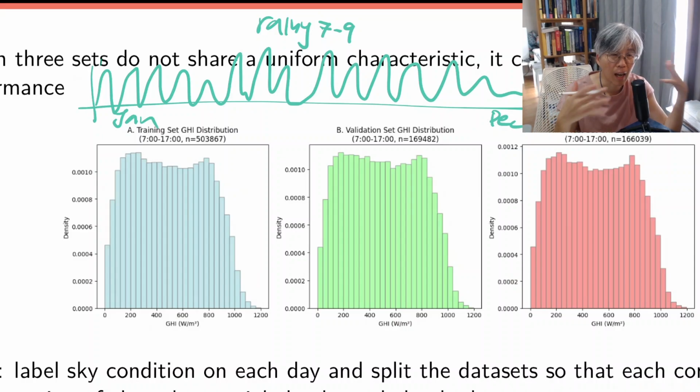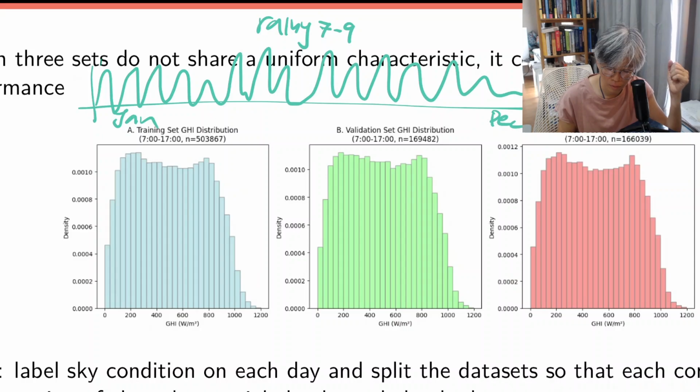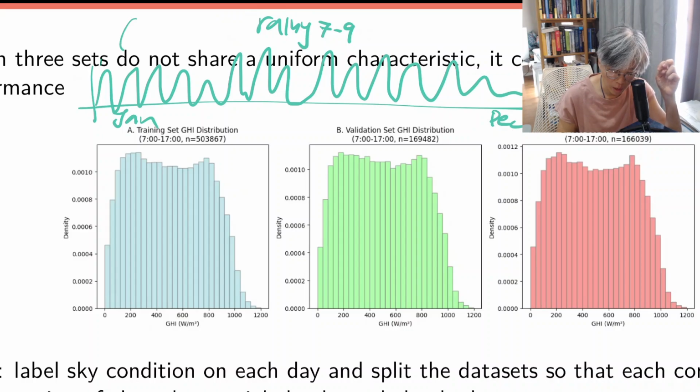But because of the climate issues, it does not follow this seasonal pattern anymore. Sometimes you have rain at the beginning of the year, in March. We have seen it before.